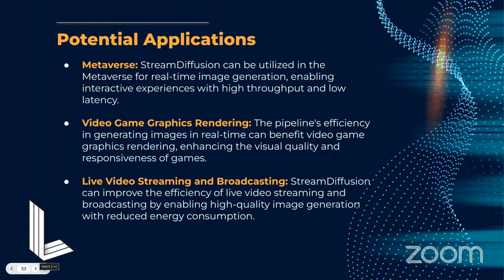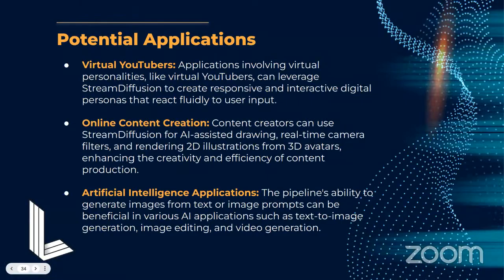Another is video game graphics rendering, where the pipeline's efficiency in generating images in real time can enhance the visual quality and responsiveness of games, making sure that the quality is high. Another is live video streaming and broadcasting, improving its efficiency and making sure that high quality images and videos are produced. That is the potential application.